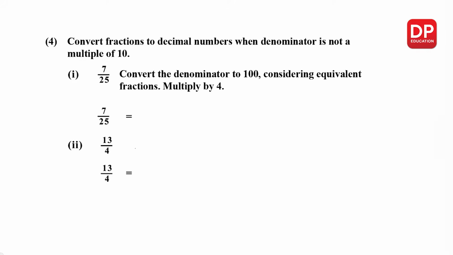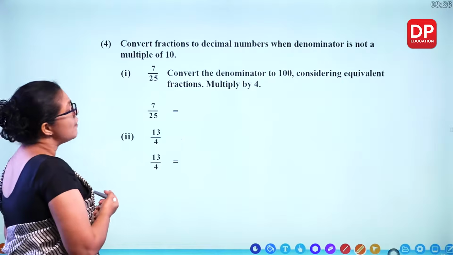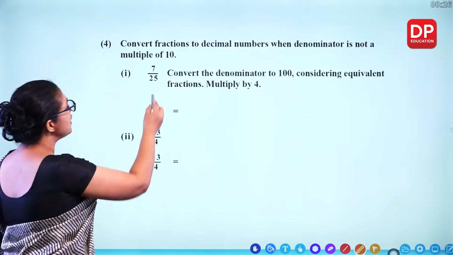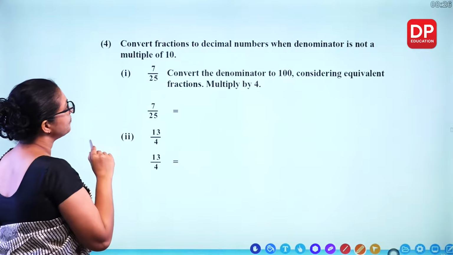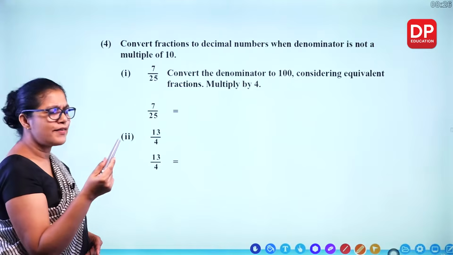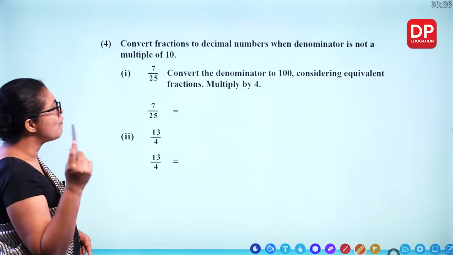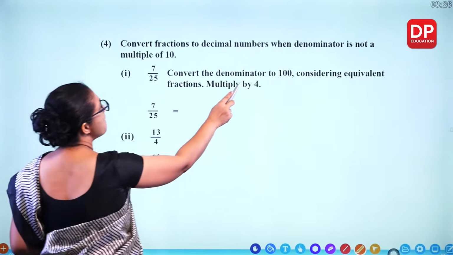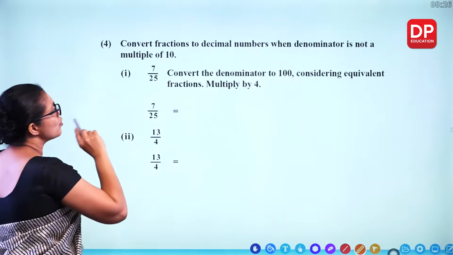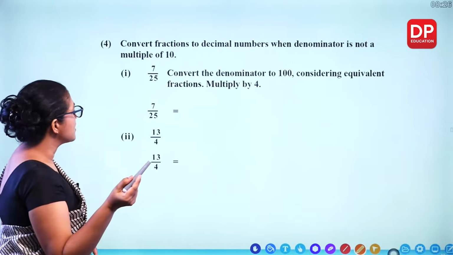Convert fractions to decimal numbers when the denominator is not a power of 10. 7 over 25. So now the denominator is not 100. How can we convert to 100? 25 times 4. So we can multiply by 4. So you are finding equivalent fractions.